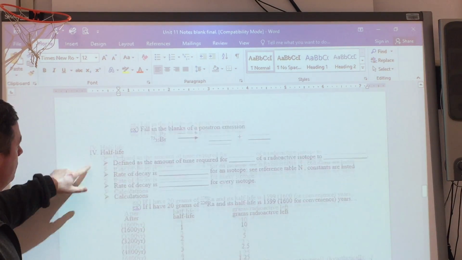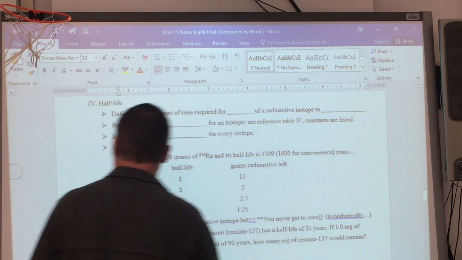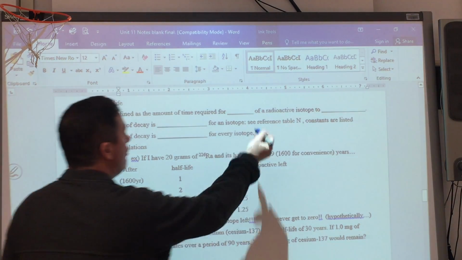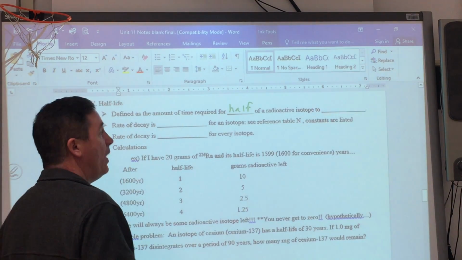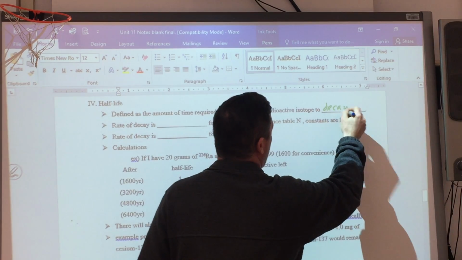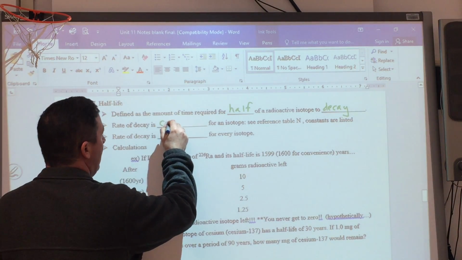So, let's look at half-life today. Half-life is defined as the amount of time required for 1/2 of a radioactive isotope to decay or disintegrate. The rate of decay is constant.